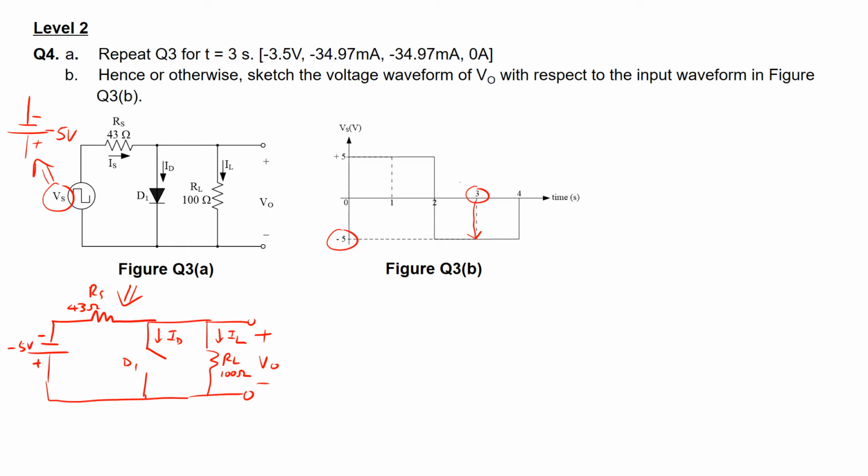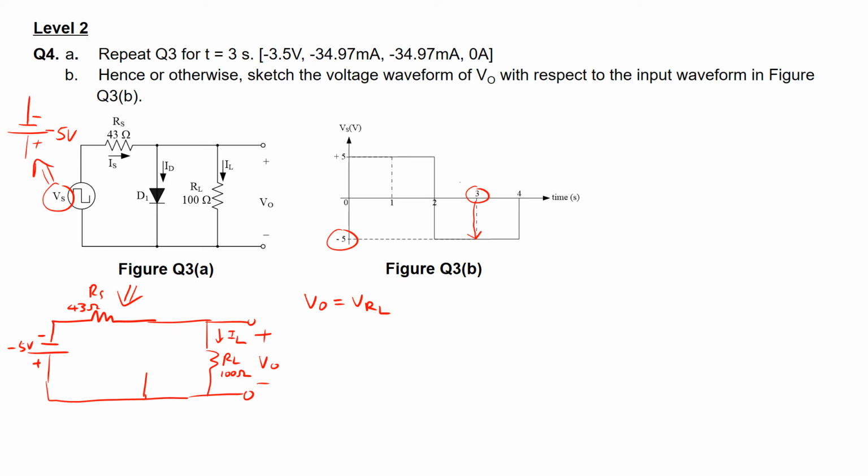Next, I'll be calculating what is the voltage V0 here. The voltage V0, as you can see, is still in parallel with the resistance RL. Therefore V0 is actually equal to VRL. And if you look carefully, what we have in this circuit here is actually a series circuit. Let me just highlight to you.